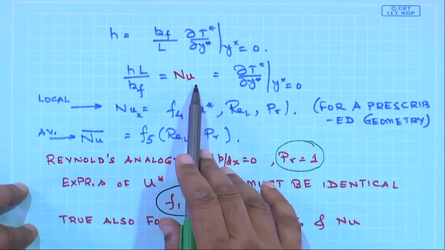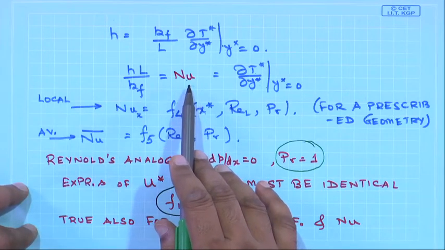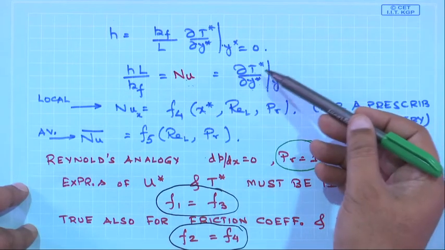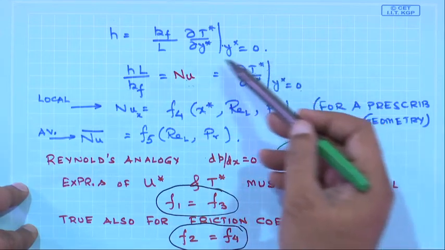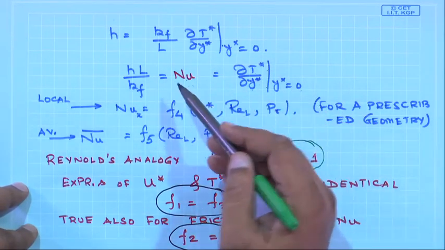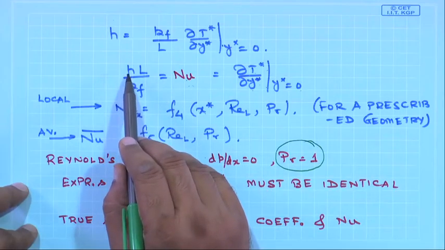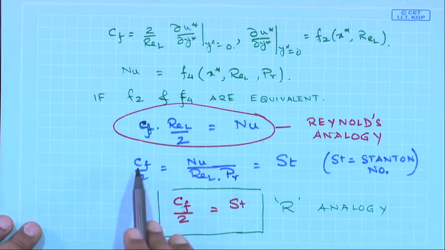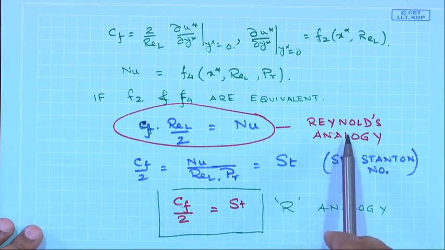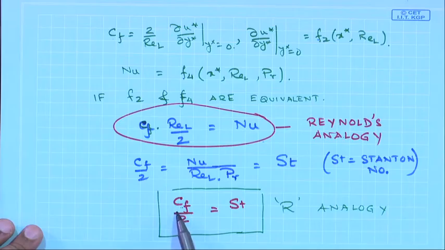This again reinforces my statement that the significance of Nusselt number is nothing but the dimensionless temperature gradient at the solid liquid interface. So, that could be the definition of Nusselt number. The important one is the Nusselt number contains h. This is an engineering parameter, and here I connect Nusselt number with Cf, the friction coefficient, which also is an engineering parameter. So, through the use of this analogy, I connect the heat transfer with momentum transfer.